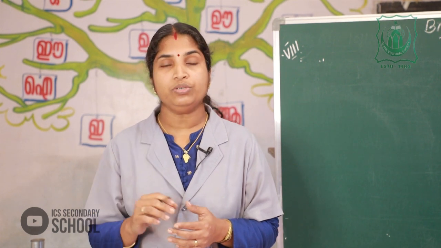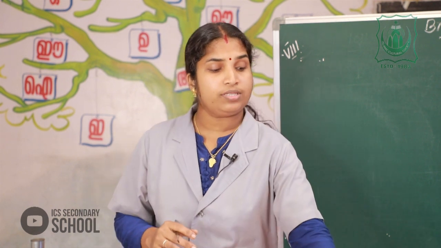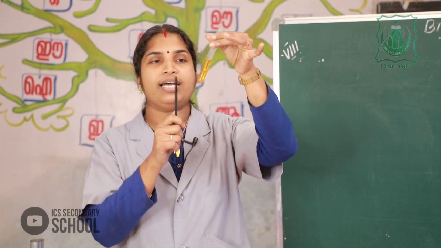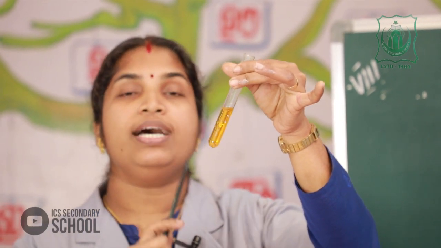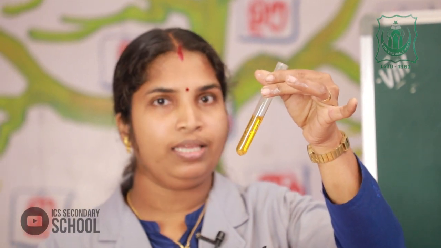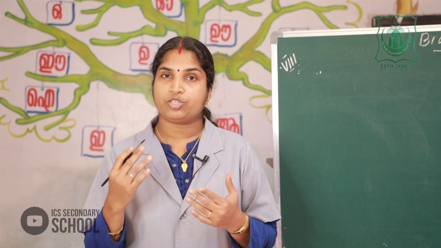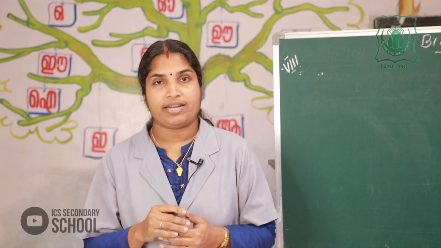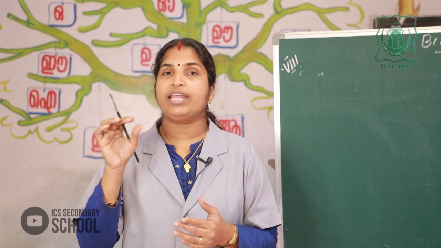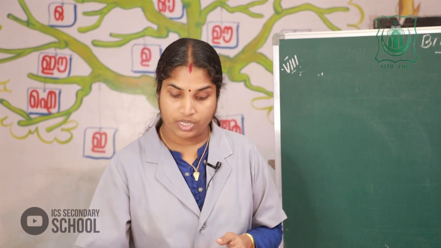We use the safranin stain for the coloring purpose, and it gives the color to the plant part so that the materials are seen differently as separate parts.